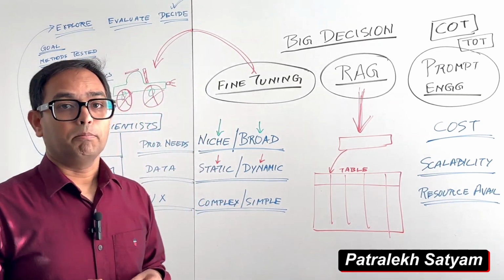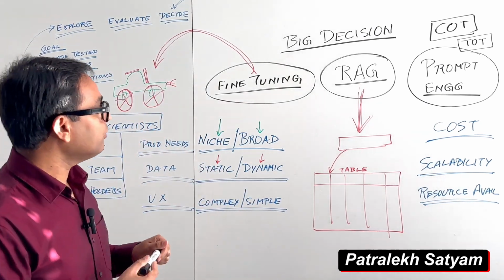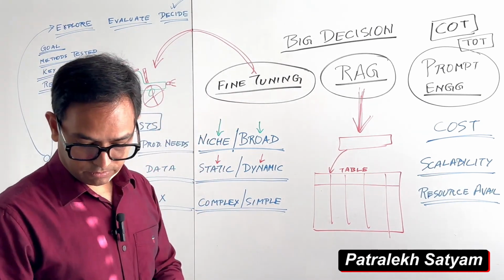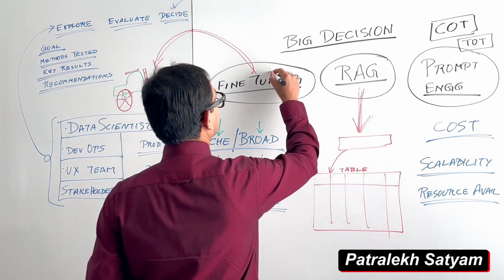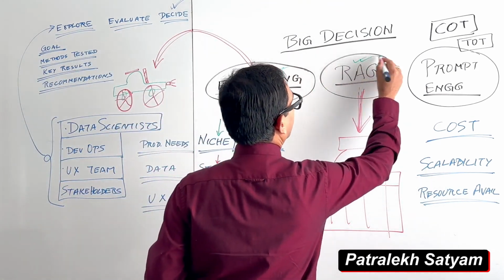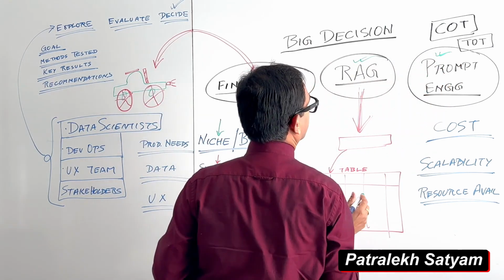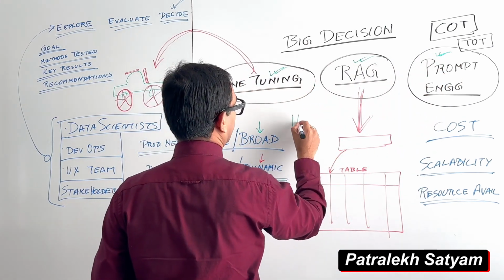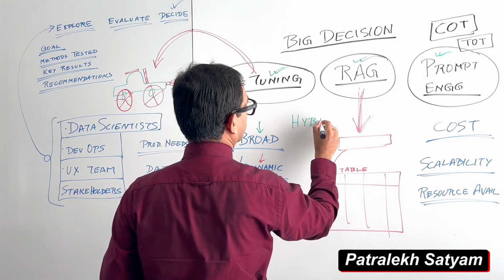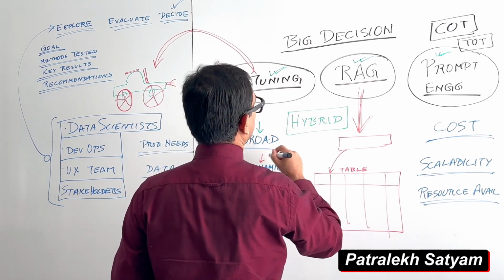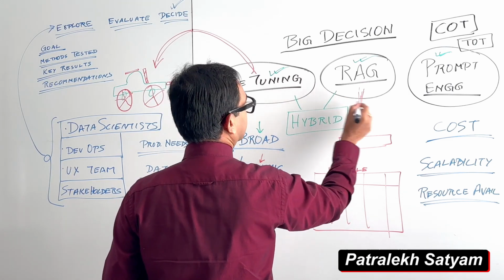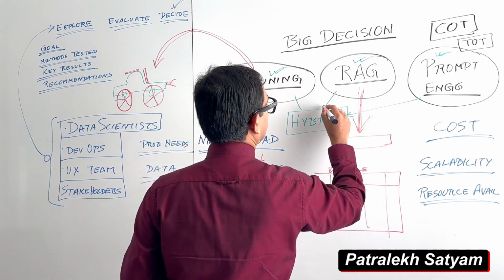And then based on those results, you will be choosing whether it is going to be fine tuning, or it is going to be RAG, or it is going to be prompt engineering, or it is going to be a hybrid approach. And if that is a hybrid approach, what portion of what is coming into this?